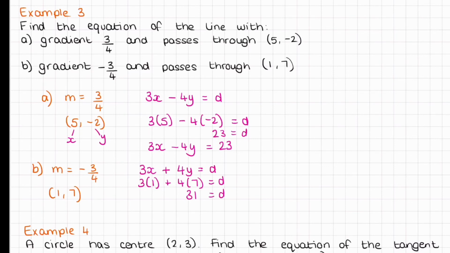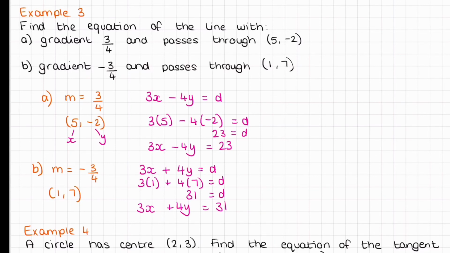And then we put that back into the equation, so we'll have 3x plus 4y equals 31. So that's another really quick way of doing the general form when you've got a given point and the gradient.